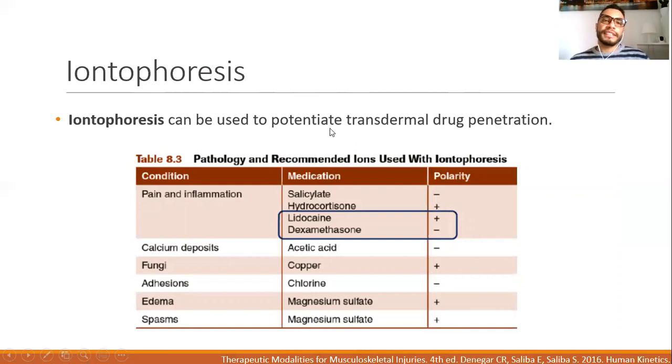So iontophoresis can be used to potentiate transdermal drug penetration. We have these examples here, okay, different conditions, and the medication that is frequently used with iontophoresis. I will highlight two medications: lidocaine, which is an analgesic, and dexamethasone, which is an anti-inflammatory medication.